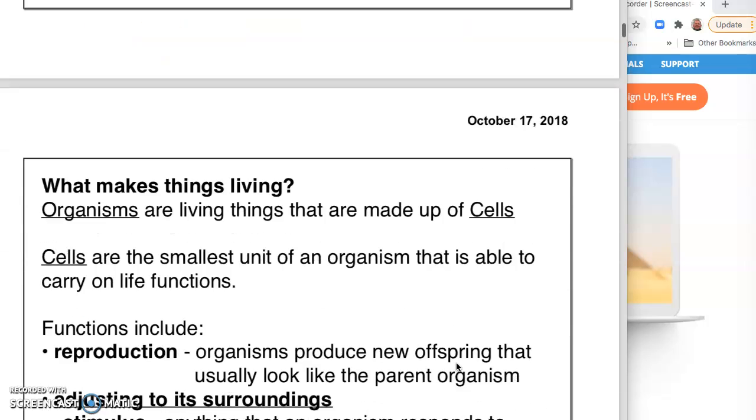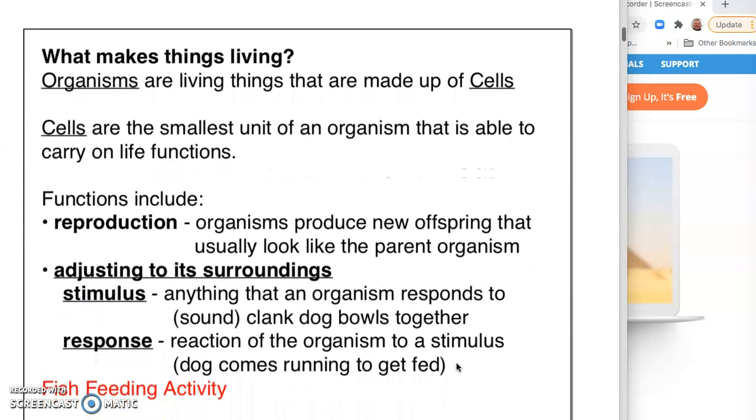Living things are usually organisms. They're made up of cells. All living things are made up of cells. It might be a single-celled organism or it may be a multi-celled organism. Usually single-celled organisms are pretty simplistic, and multi-celled organisms are usually a little bit more advanced and have more details to them.